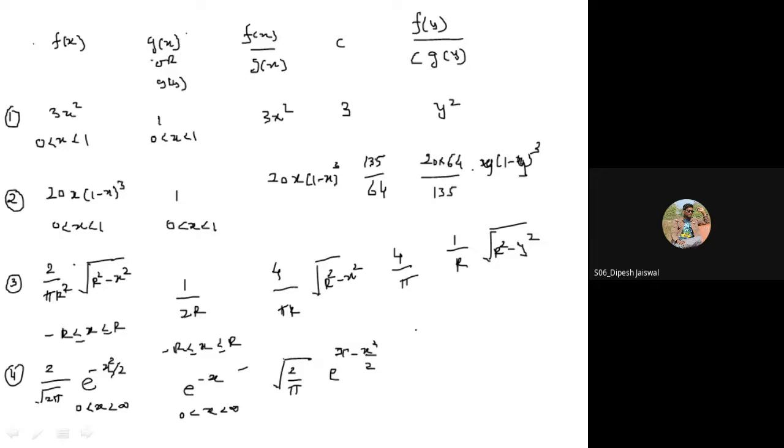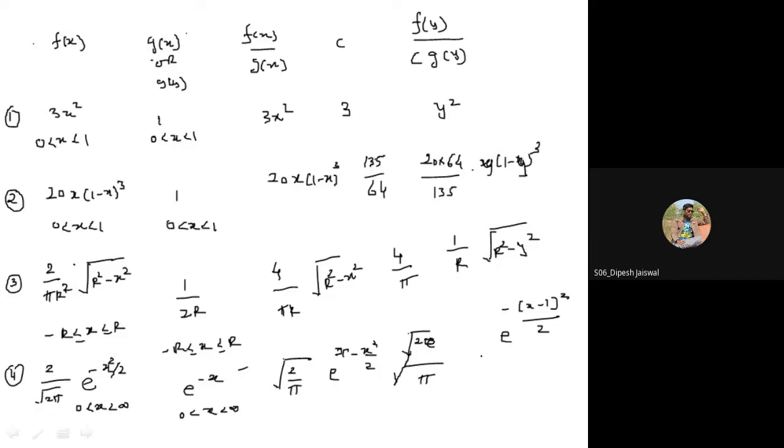The value of c is root 2e by pi. And root e by, this should be root e whole pi, because this pi and 2 will cancel out. So it is e raised to minus (x minus 1) whole square by 2. Is it? Okay. So this you will get as f(y) upon c g(y).